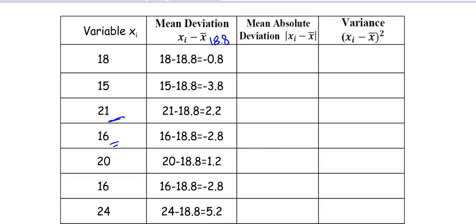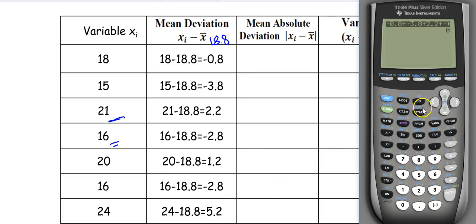Now I have these values entered in the calculator. Let me show it to you. Starting from negative 0.8, negative 3.8, 2.2, then negative 2.8, all the way entered in the calculator, and add them.